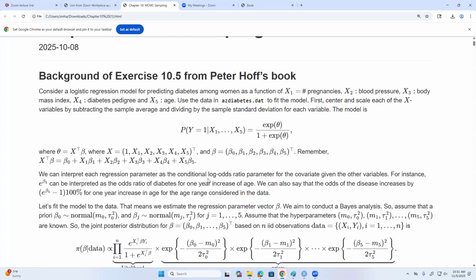For instance, if I write e to the power beta 5, it is interpreted as the odds ratio of diabetes for 1 year increase of age. We can also say that the odds of the disease increases by this percentage for 1 year increase in age for the age range considered in the data.